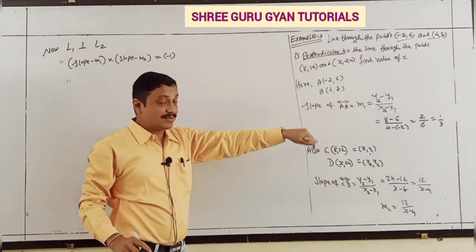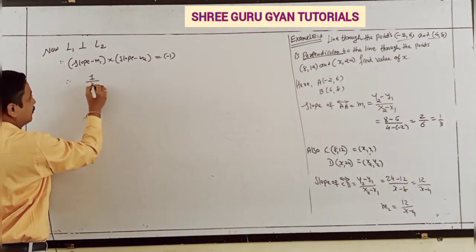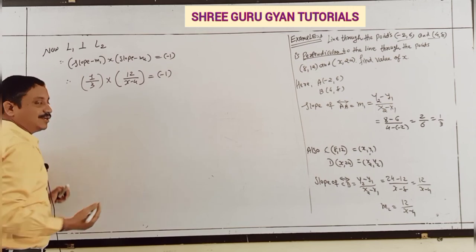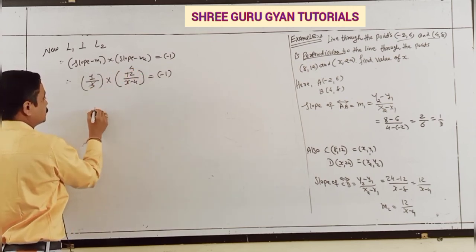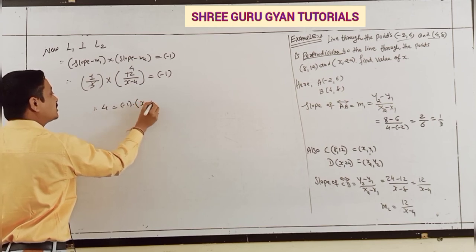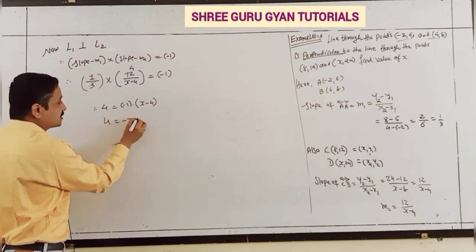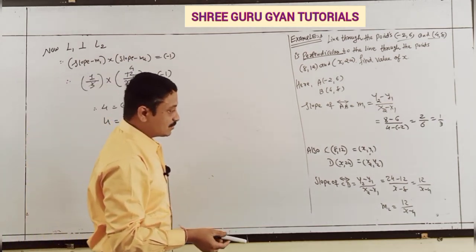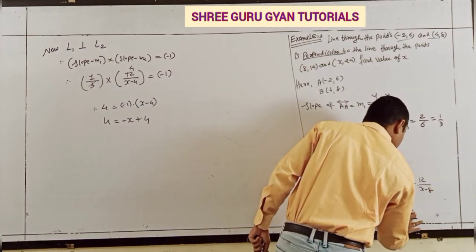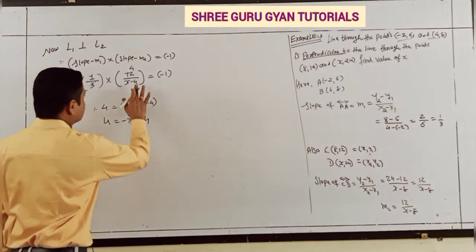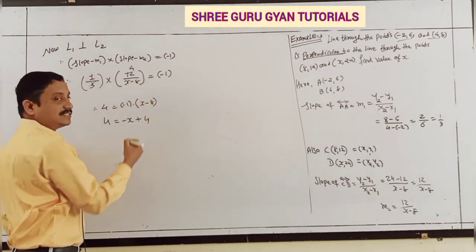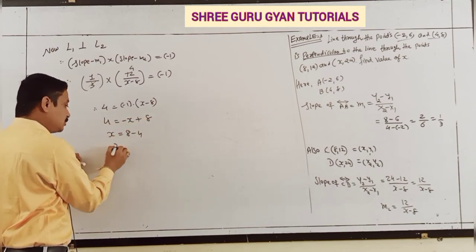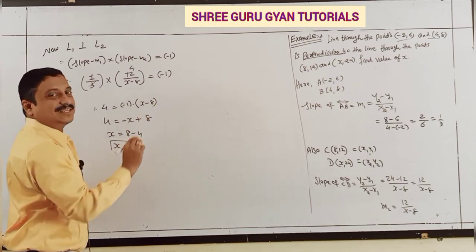M1 is 1 by 3, and M2 is 12 by x minus 8, equals minus 1. Sorry, by mistake I wrote x minus 4 earlier; here it is x minus 8. So 3 times 4 is 12, giving 4 equals minus x plus 8. Now you can get x equals 8 minus 4, so x is 4, and that's easily the answer.